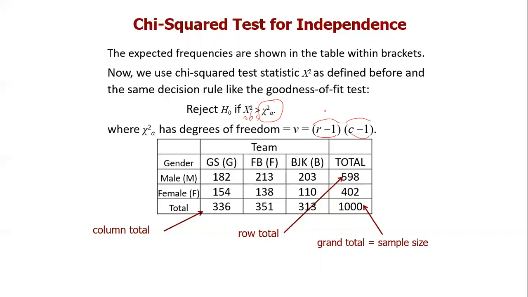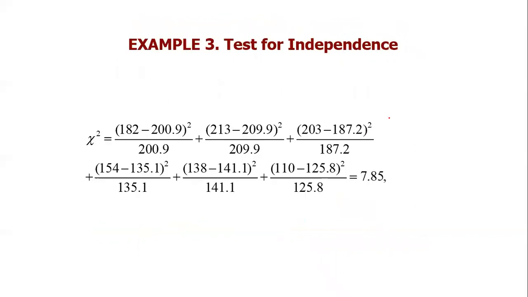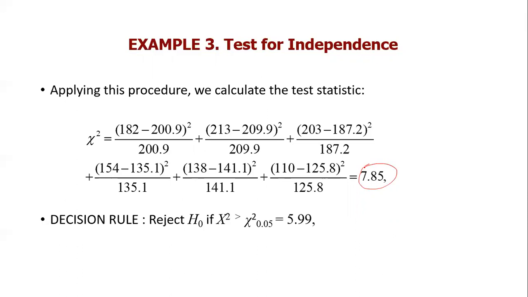I have 2 rows and 3 columns, so this is 2 minus 1 times 3 minus 1, which is equal to 2. So the chi-square observed is 7.85, and the chi-square critical is 5.99. It turns out that the chi-square observed is greater than 5.99.